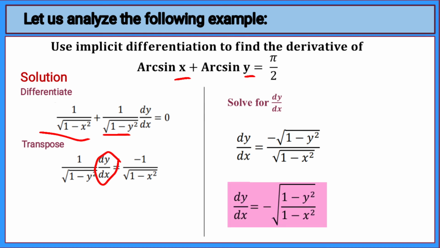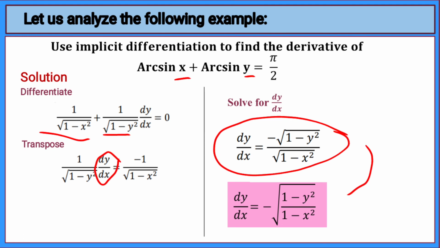So it means our dy over dx, or the derivative of arc sine x plus arc sine y is equals to pi over 2, is equals to negative square root of 1 minus y squared over 1 minus x squared. Or if you stop here, for example, it's okay as well, because it's all the same with this one.